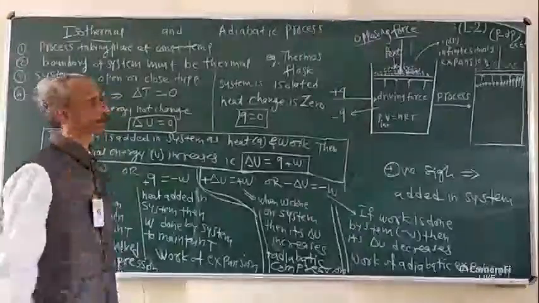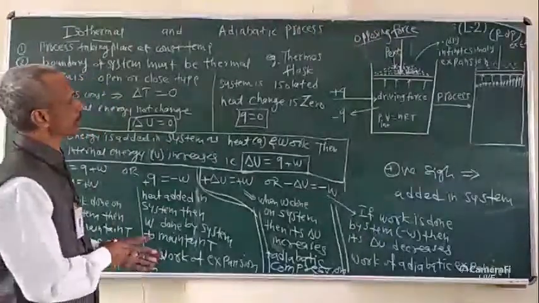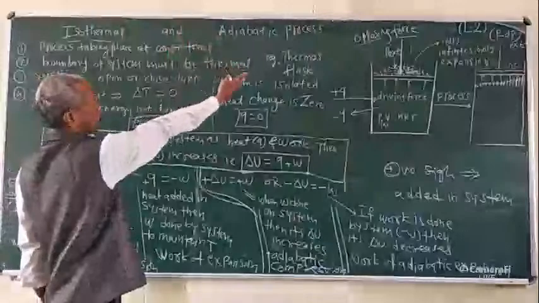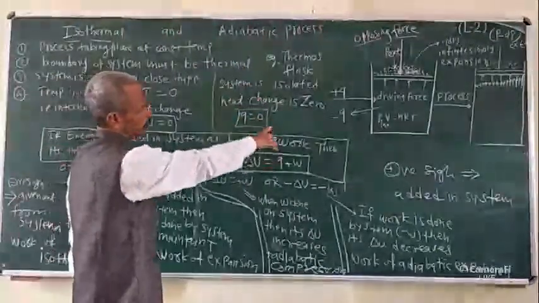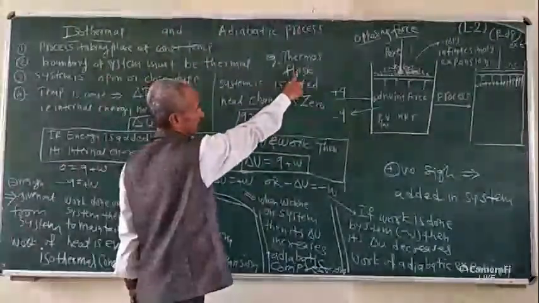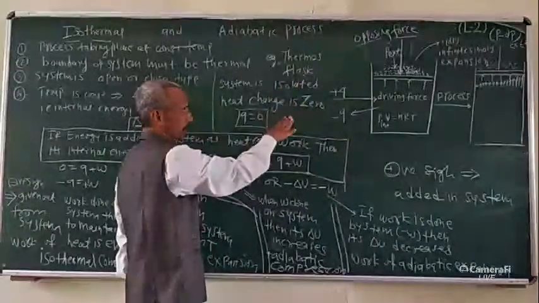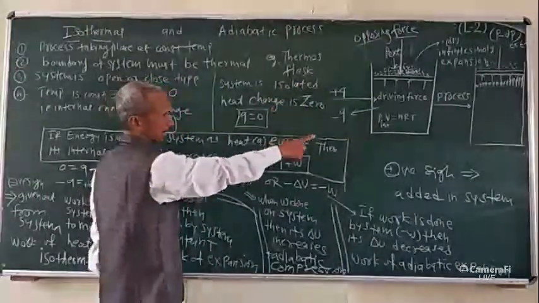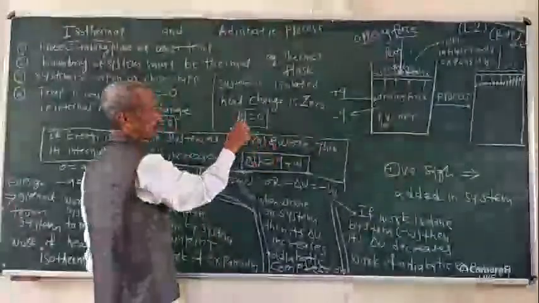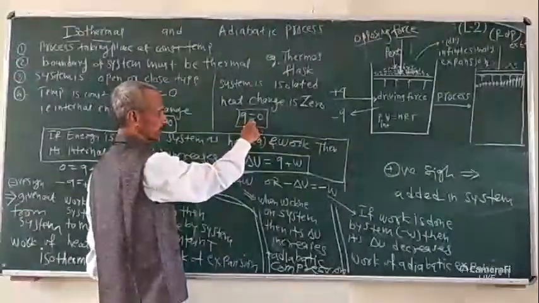One of the examples of adiabatic processes, as discussed here, is the thermos flask. Whatever changes take place, whatever work is done is inside the system, where the total heat content of the system is said to be 0.